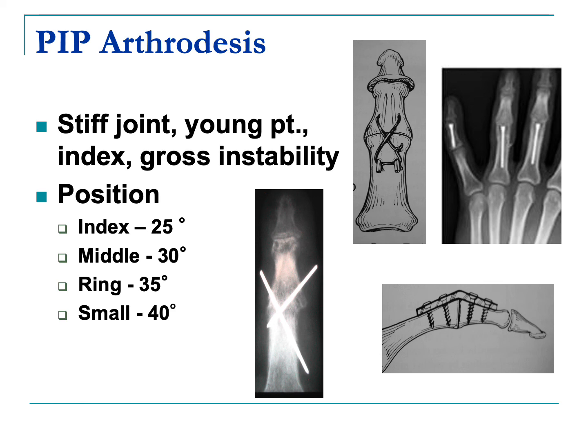Generally speaking, the index would be fused in approximately 25 degrees of flexion, the middle finger 30, the ring 35, and the small 40. What I tend to do is give a patient an aluminum foam splint and ask them to mold the splint into the position that they would prefer it to be in. Some patients would prefer more flexion, others less.